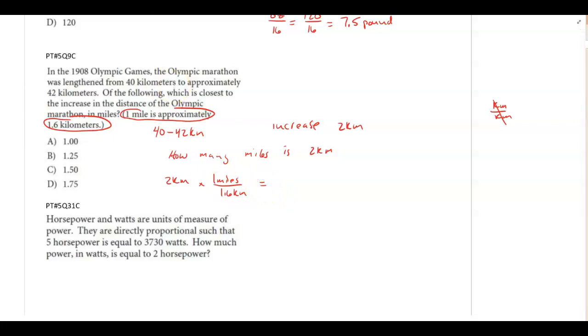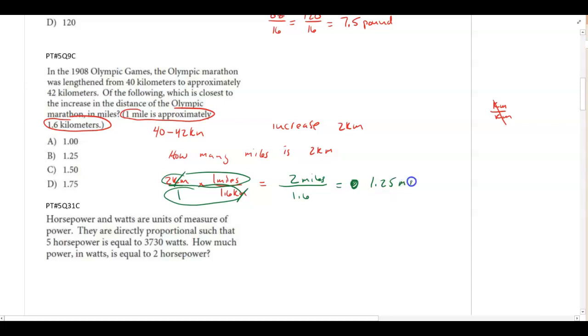Technically, if I put this over 1, when I multiply across the top, I get 2 miles over 1.6, and the kilometers cancel out here. When I do 2 divided by 1.6, I end up getting 1.25 miles. Letter B.